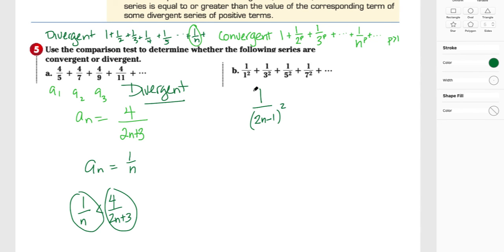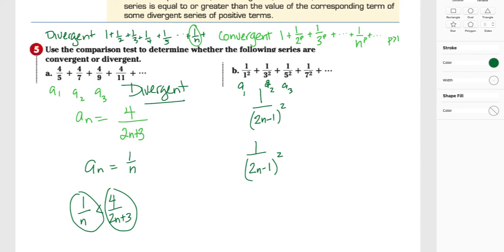Let's see. If I had 2 times 2 is 4, 4 minus 1 is 3, 3 squared. This is a sub 1, this is a sub 2, this is a sub 3. So n is 3, 2 times 3 is 6, 6 minus 1 is 5, and 5 squared. So I have 1 over 2n minus 1 to the second power.